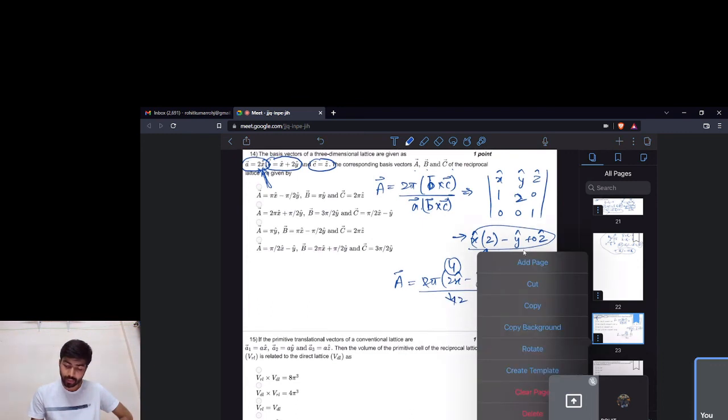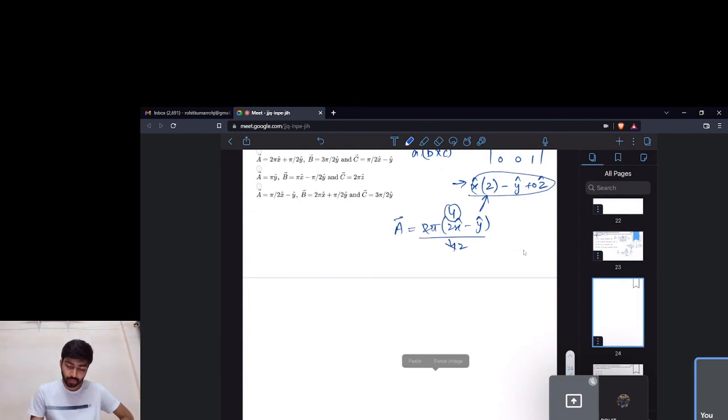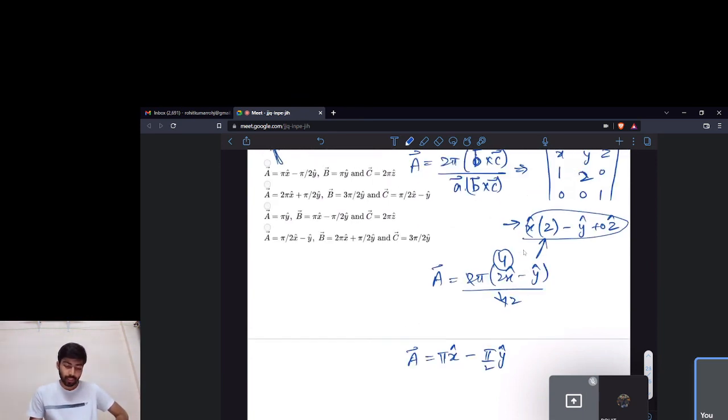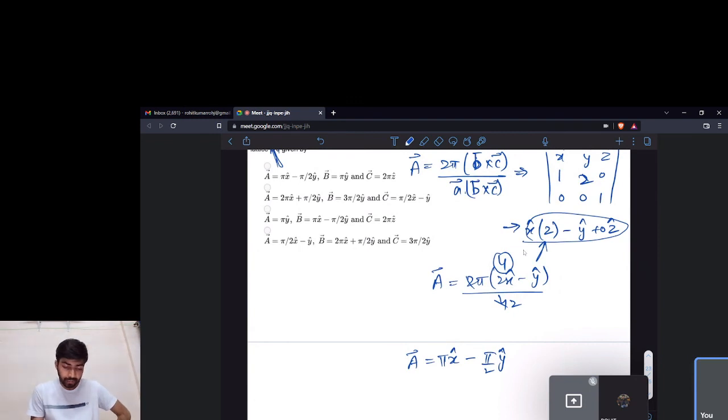If you go on to the next page, A becomes pi x cap minus pi by 2 y cap. So here we have one option of only this kind.